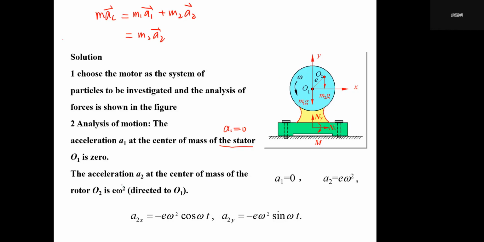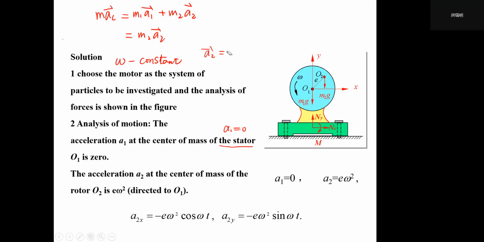Because we assume that this omega is uniform, omega is constant. So if you look at this O2, it has mass M2, and its motion is rotation around the point O1 with uniform or constant angular velocity omega. So its tangential acceleration will be 0, I think.